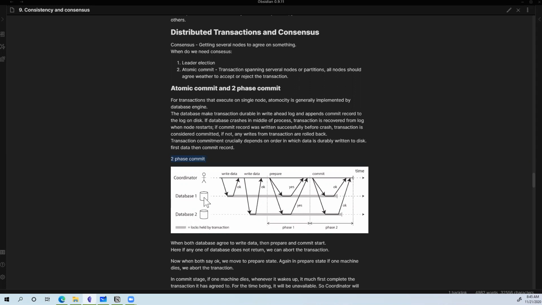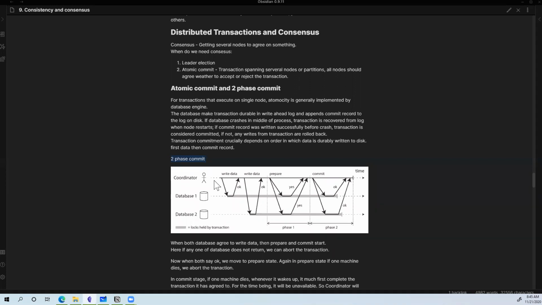So you might have one database for reserving seats, which is owned by some team, and another database for making payments. When both of these transactions succeed, only then should the thing be successful. Those are the scenarios where we need this distributed transaction concept.